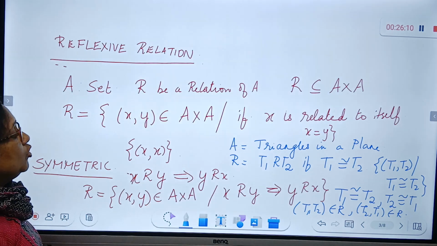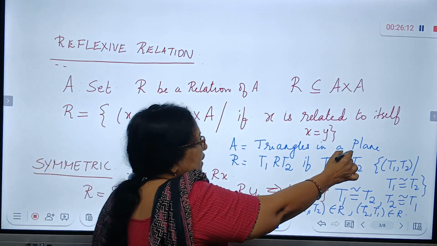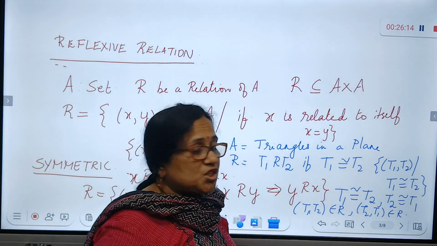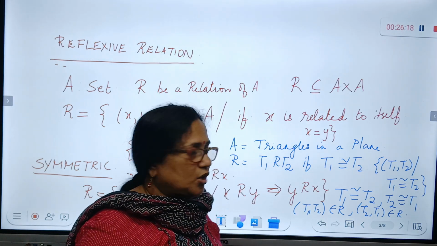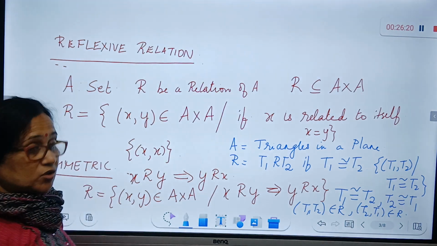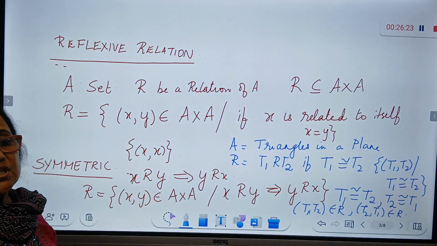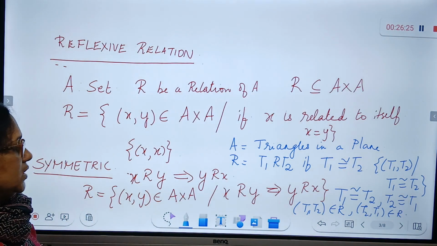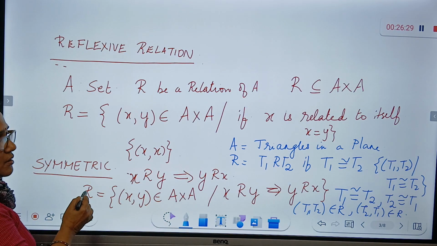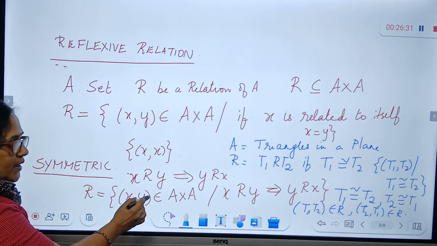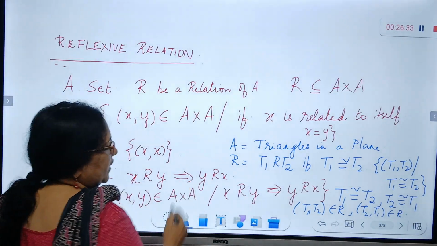Now we looked at the example of triangles in a plane, and we defined the relationship to be congruence. Two triangles are related to each other if they are congruent. Is it reflexive? That was the question we asked. Yes, because every triangle is congruent to itself. Now, what is the definition for a symmetric relation? If x is related to y, it implies y is related to x.